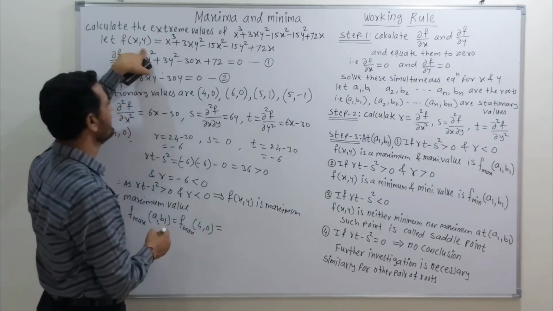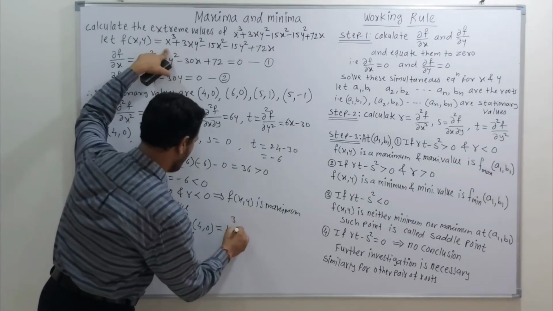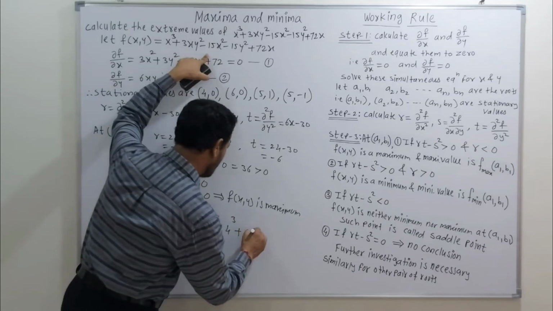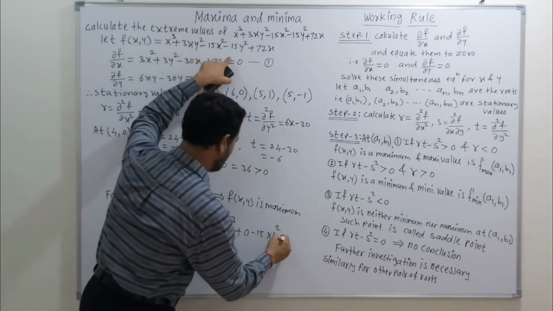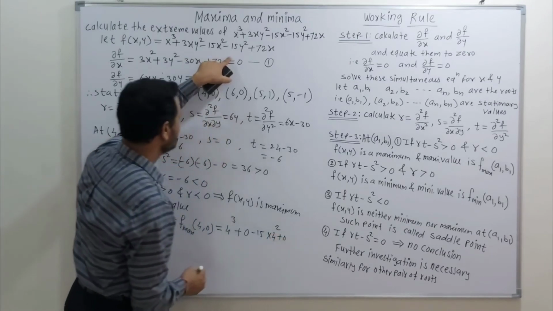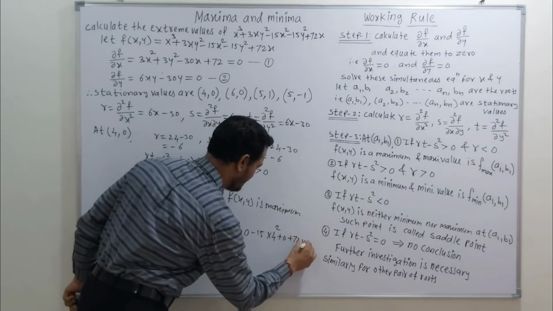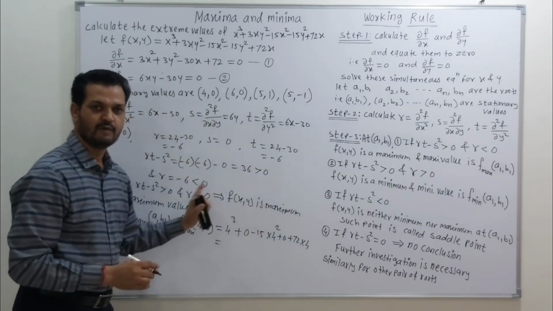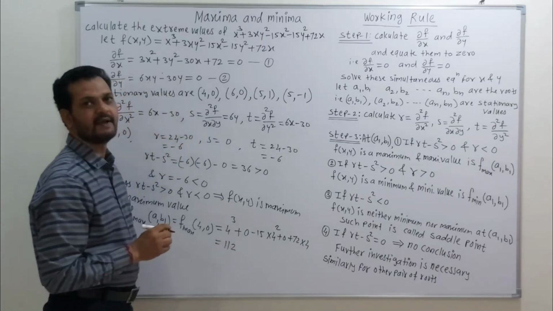So we get 4 cube, plus this term is 0 because y is 0, minus 15 into 4 square, this is again 0 because y is 0, plus 72 into 4. If we calculate this value, we get the answer as 112.